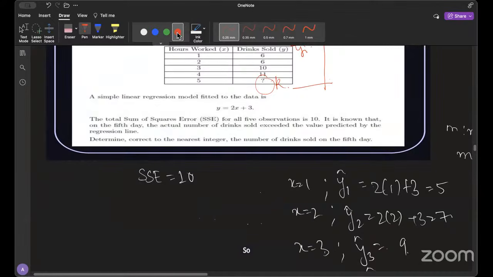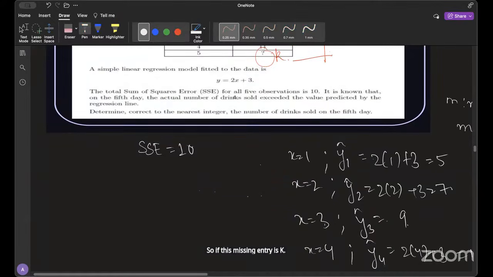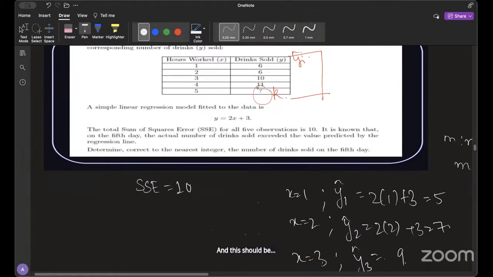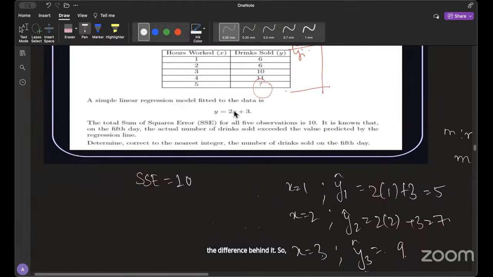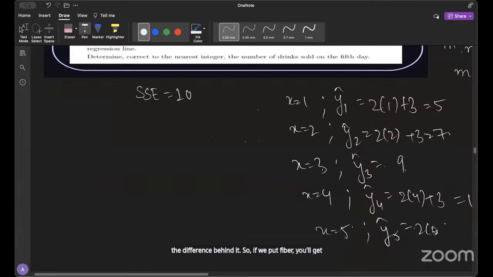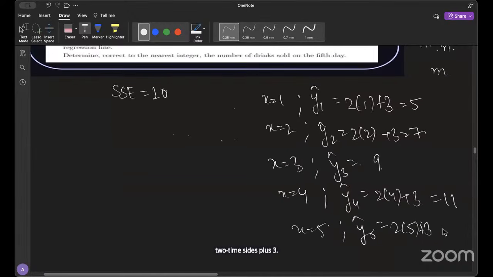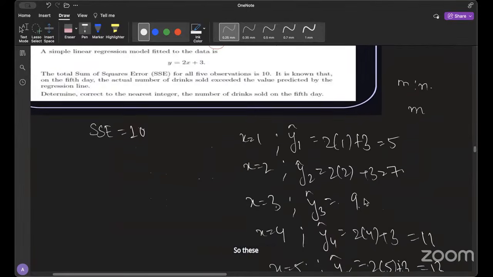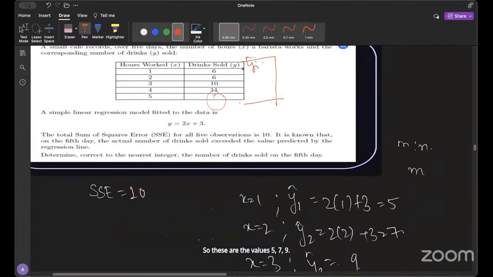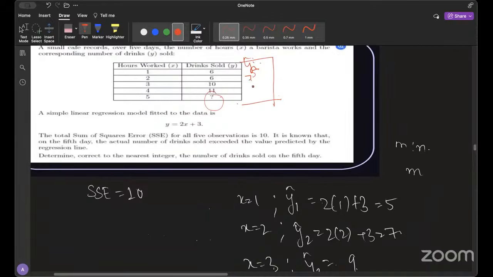Actually it doesn't matter, even if you don't take it to be k, because you have to find it. If you put 5 here, you'll get 2 times 5 plus 3, which gives you 13. So these values are 5, 7, 9, 11, and 13.